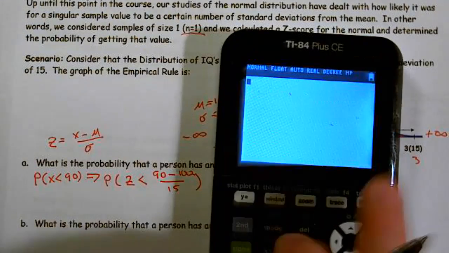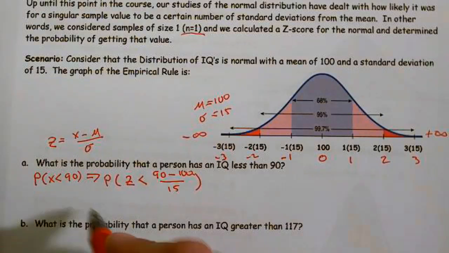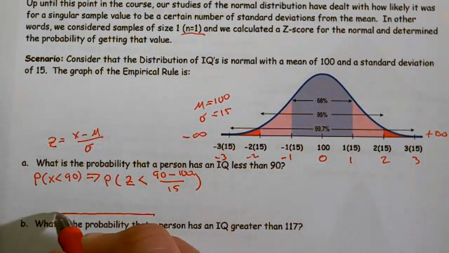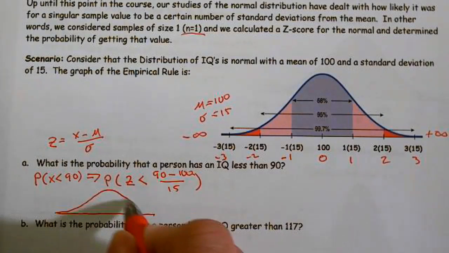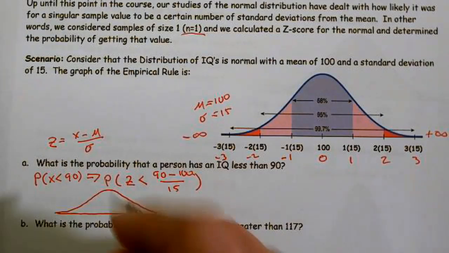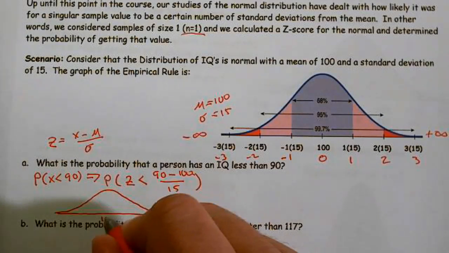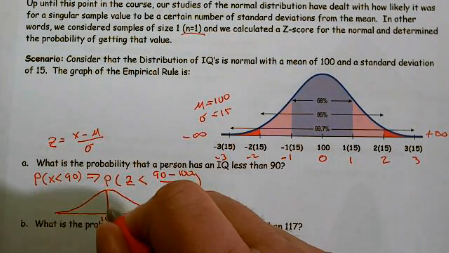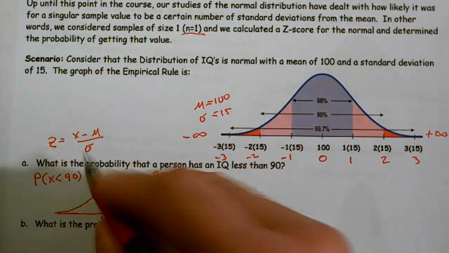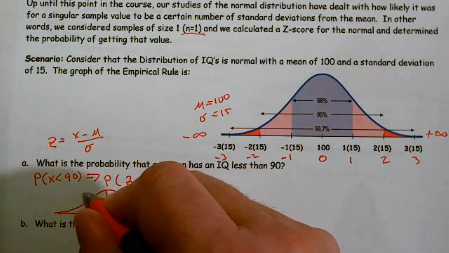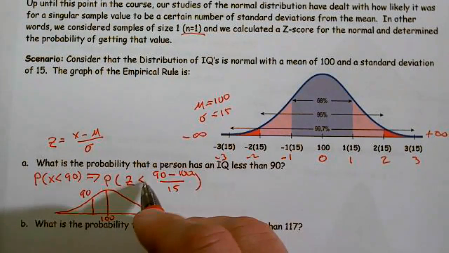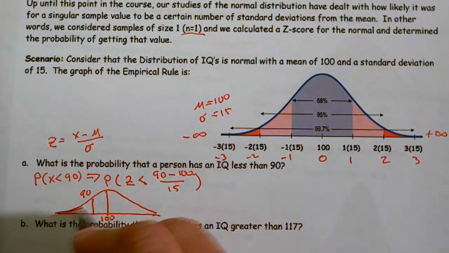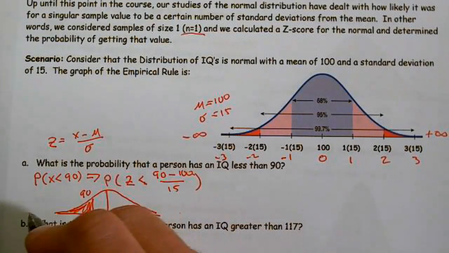And actually, I need to back up and do something. If we were drawing a diagram of this, which we always need to do, our mean is 100, which is right here. 90 is less than that, and I'm shading off to the left, so I'm shading off to -infinity.